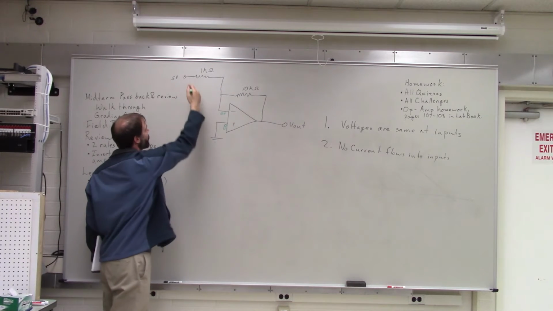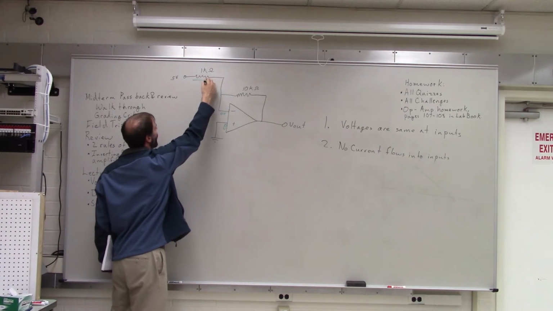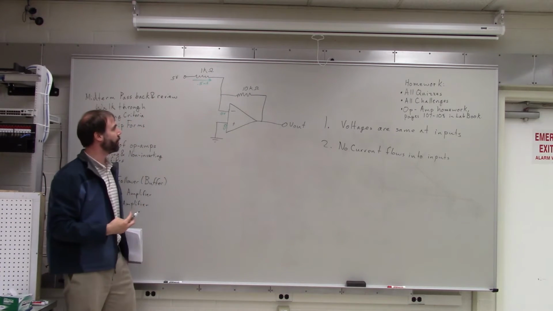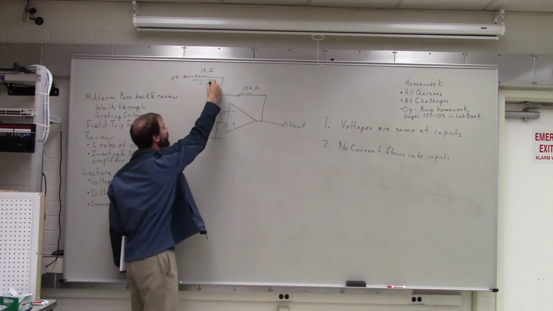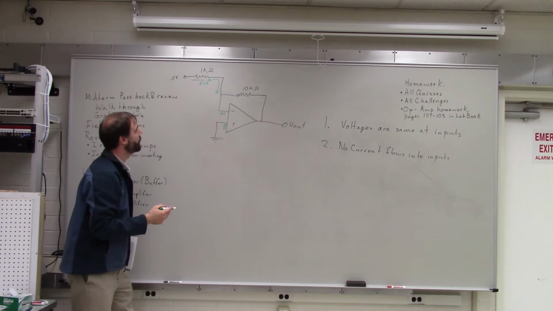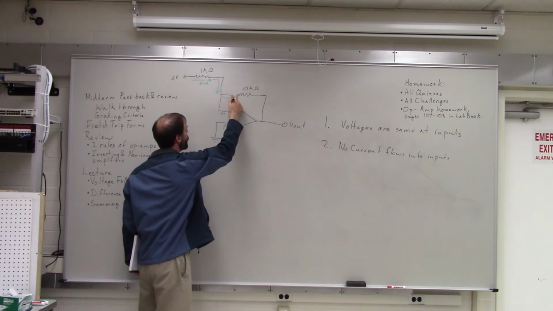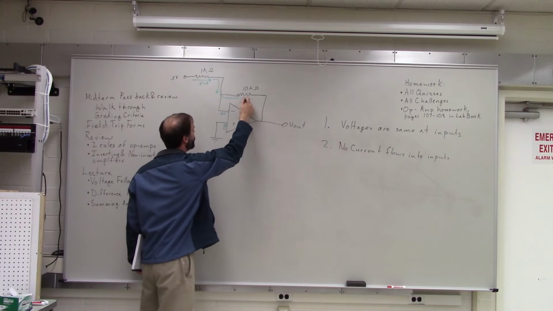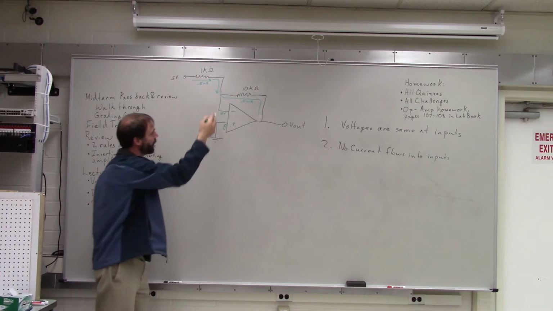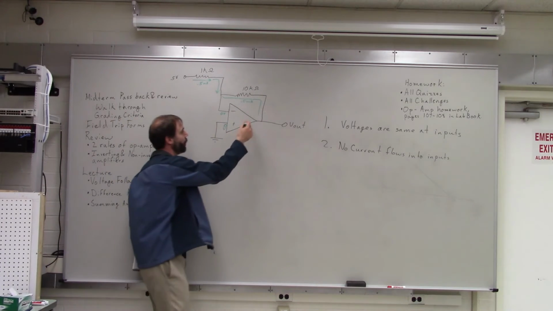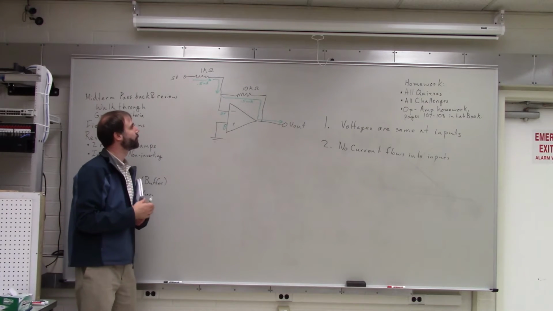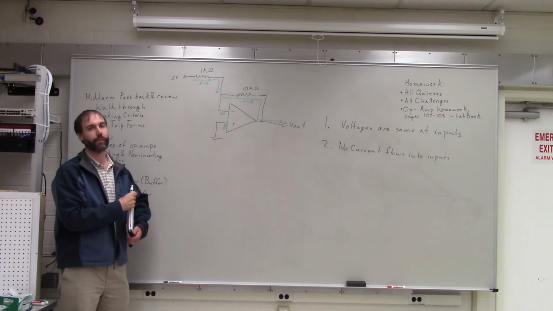We've got 0 volts on the other side. So we have half a milliamp flowing through this 1 kilo ohm resistor, right? So the total current flowing through here would be 0.5 milliamps. We multiply that by 10K and we get a 5 volt output, right? So that's what would happen if we had an inverting amplifier.